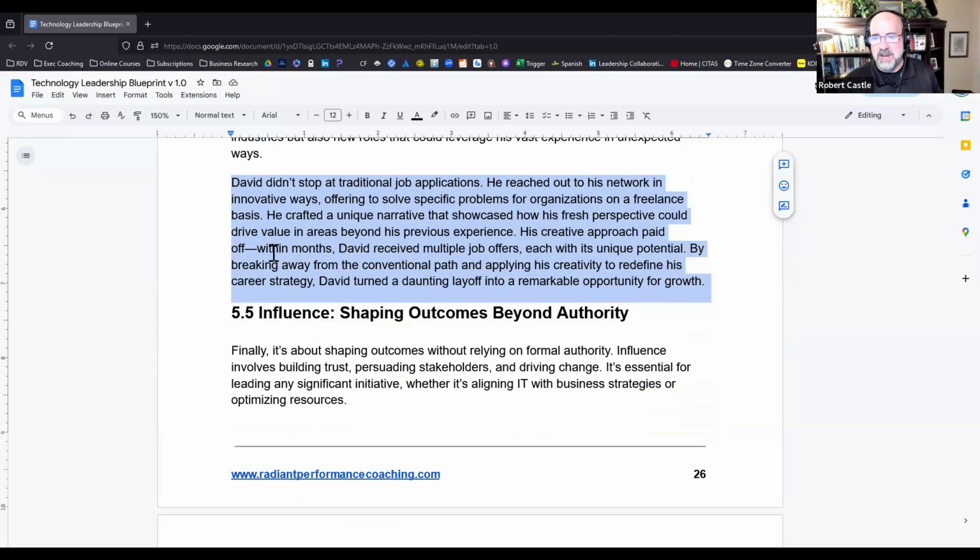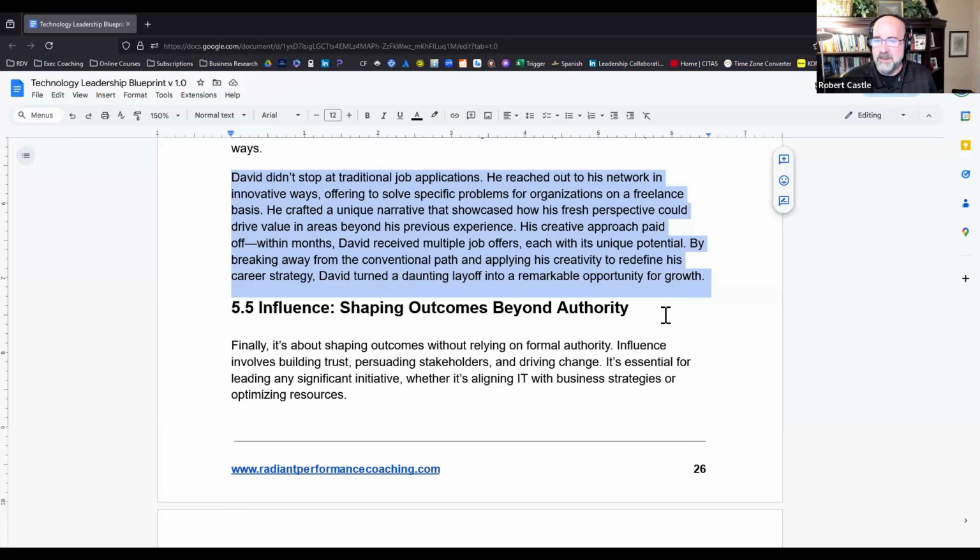His creative approach paid off within months. David received multiple job offers, each with its unique potential, by breaking away from the conventional path and applying his creativity to redefine his career strategy. David turned a daunting layoff into a remarkable opportunity for growth.